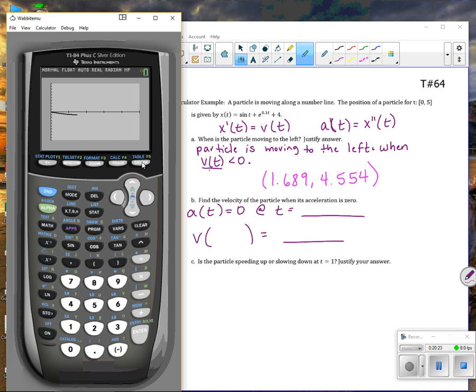So there it is, graphing the acceleration. I need to see when the acceleration is equal to 0. So it's almost there. There it is. I feel like it's a sloth. But here it comes.